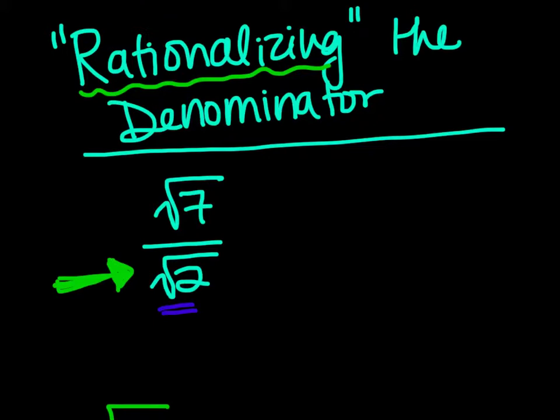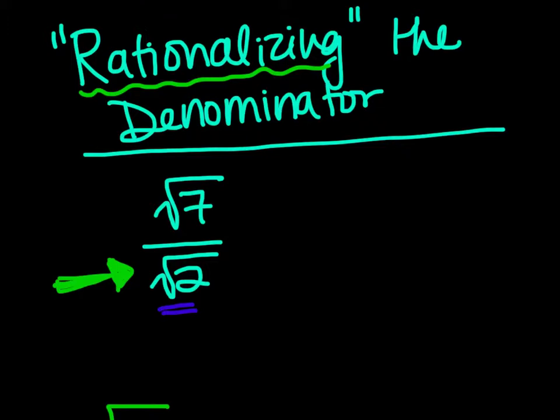It means it's not quite in simplest form. It's not as simple as it can get. And while this looks okay as of right now, and it looks pretty simple, and then when I finish this up, it might not look as simple, or maybe it will, I'm not sure. Biggest thing is we cannot have a square root in the denominator. It's just a rule in math. It's not in simplest form if there's a square root in the denominator.